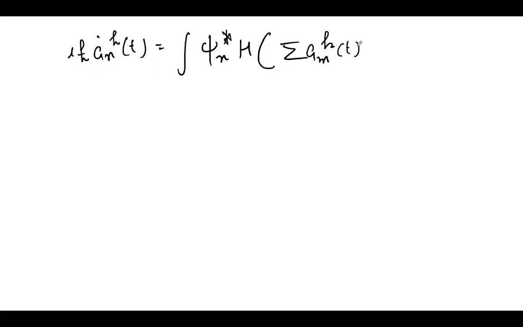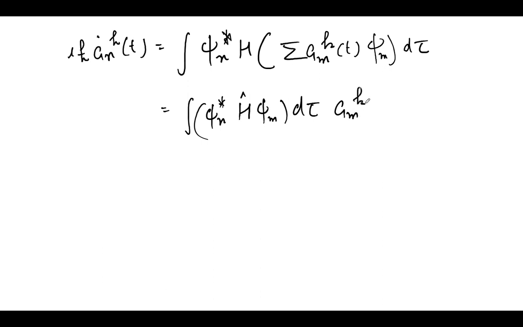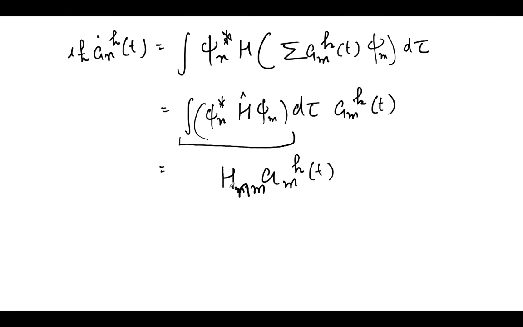So this becomes a m k of t into phi m into delta tau, so this becomes phi n star H phi m delta tau into a m of k t. This integral is generally written as the Hermitian operator element n m, into the probability amplitude. So the integration turns into this summation.